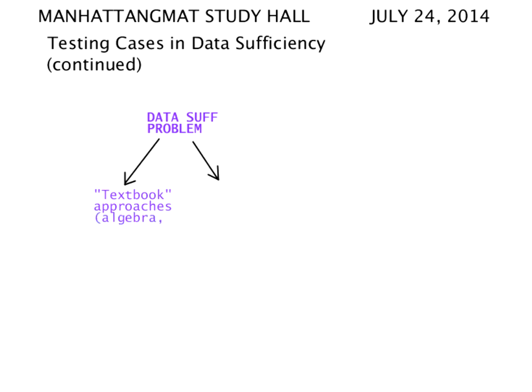So, you know, algebra, theory, etc. But if that doesn't work, then basically the only option left on the table is test cases. And what we're going to talk about today is that whole notion of testing cases.